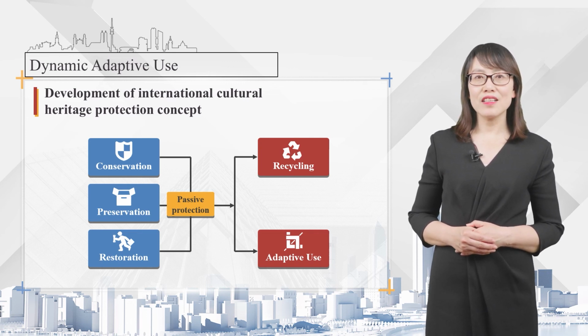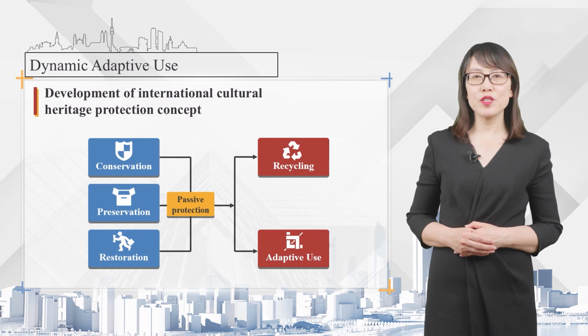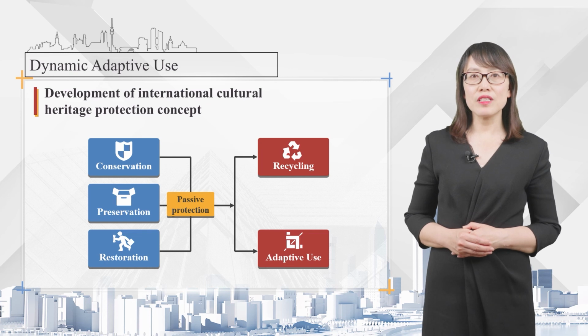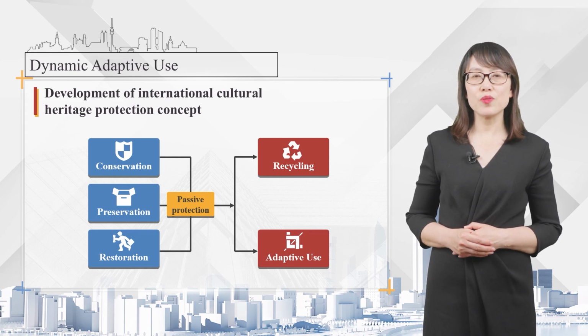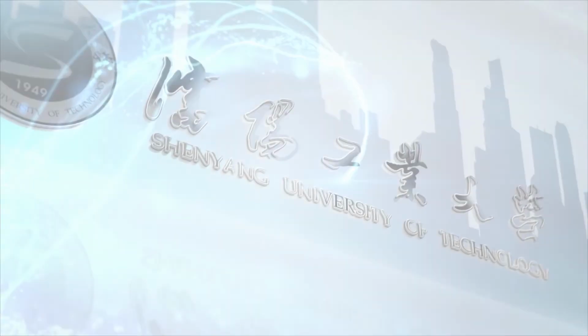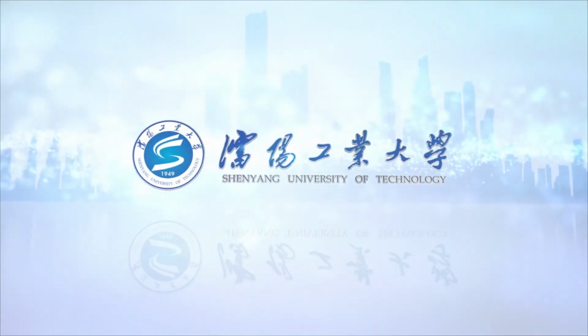To this day, this dynamic adaptive use is still the main mode and method of historic building conservation design. In the next few chapters, we will learn the specific protection modes and design methods in detail.